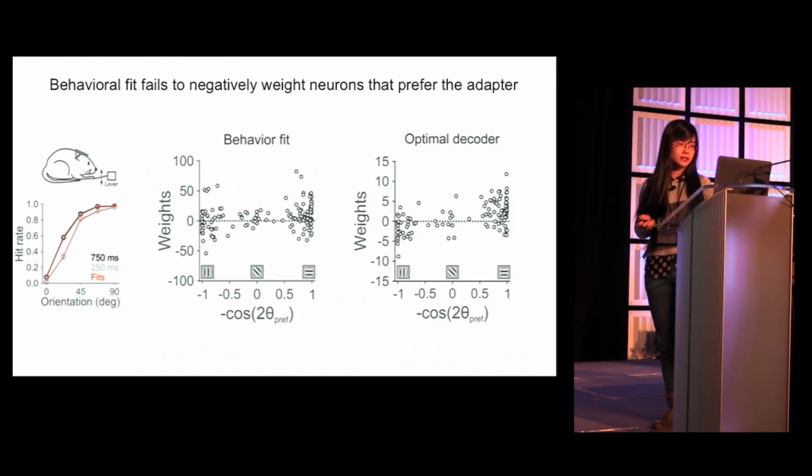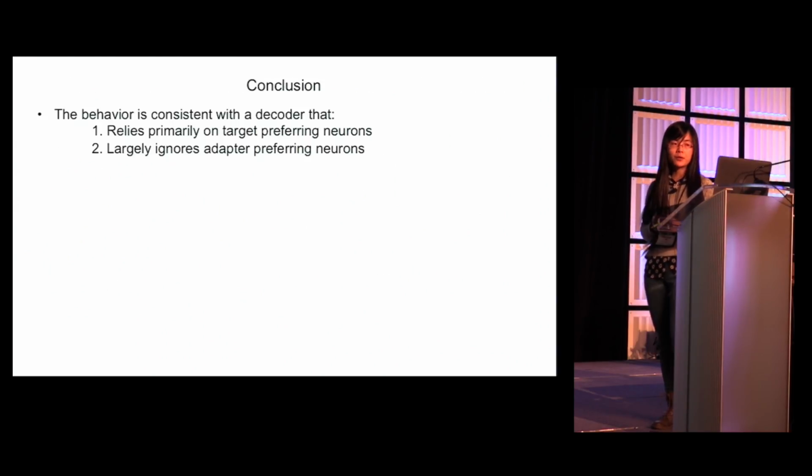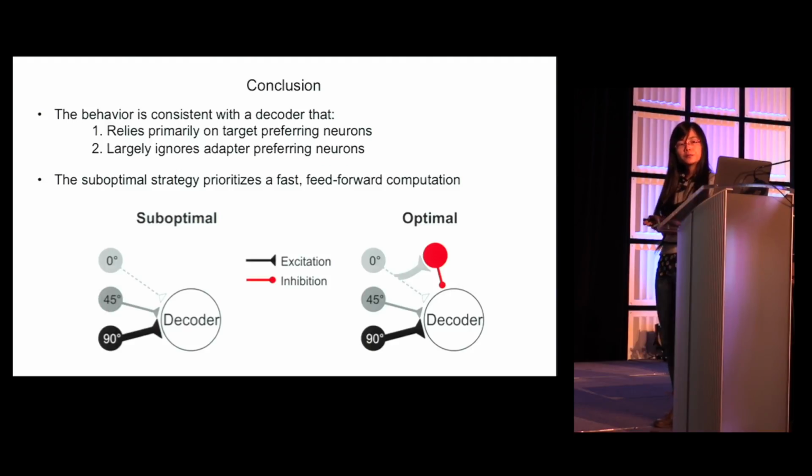All these results suggest that the animals' behavior is most consistent with a decoder that simply relies primarily on the target-preferring neurons and largely ignores the adapted-preferring neurons, without negatively weighting them. We know that an optimal decoder requires negative weighting of specific populations of neurons, which may require inhibitory circuits.